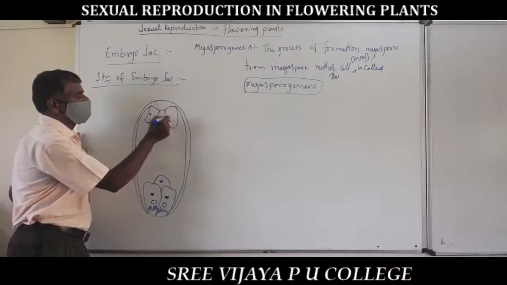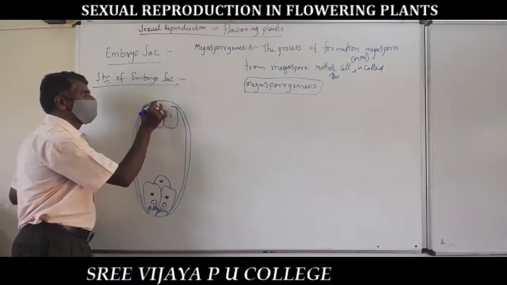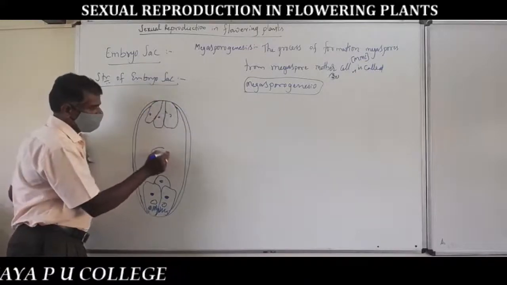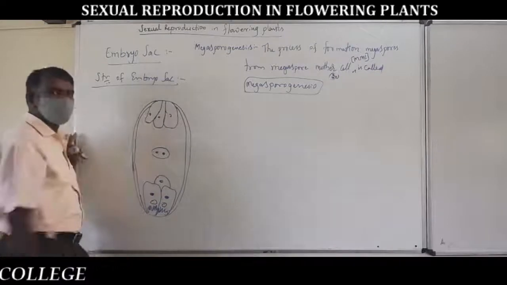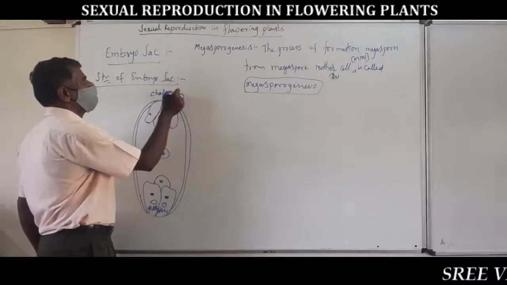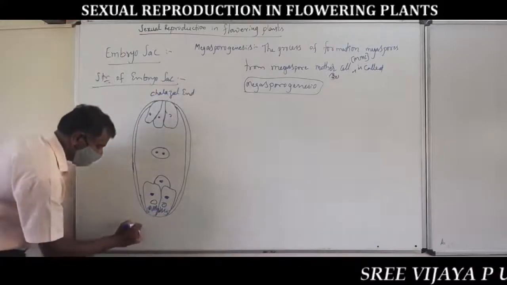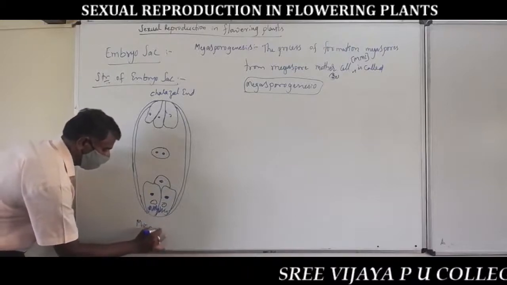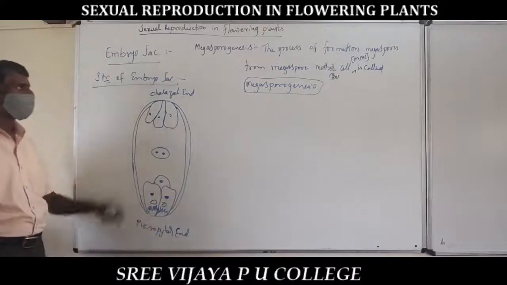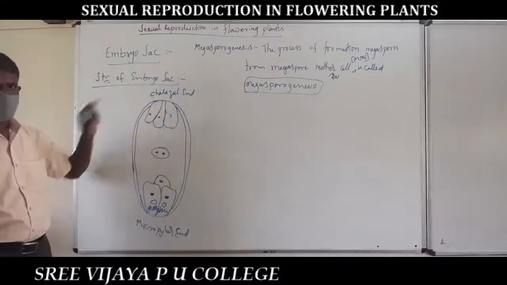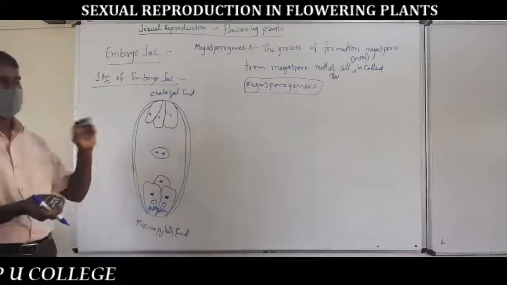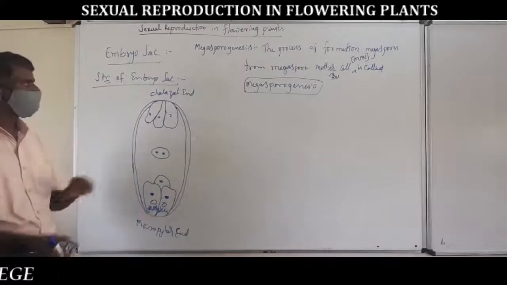In the center there is a single cell. It is the chalazal end, and it is the micropylar end. Every embryo sac consists of two ends. The embryo sac is present in the ovule, and the ovule has a chalazal end and a micropylar end.